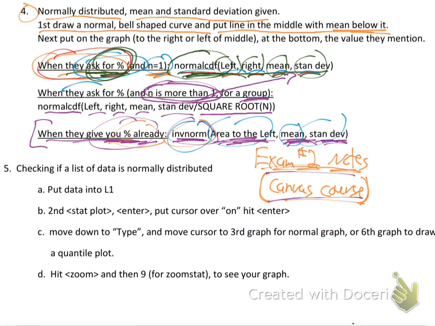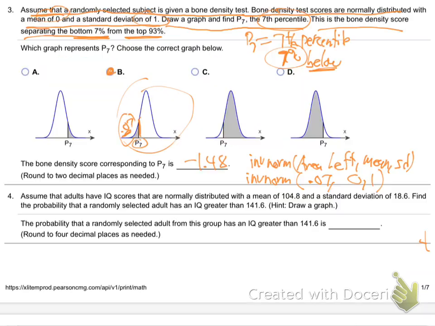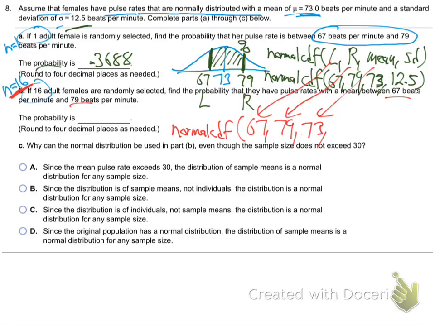It says right here, when n is more than 1, divide by the square root of n. So take the 12.5, same number, but divide by square root 16, close parentheses, hit equals, get 0.9451.